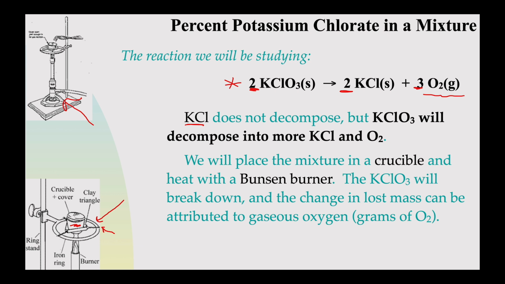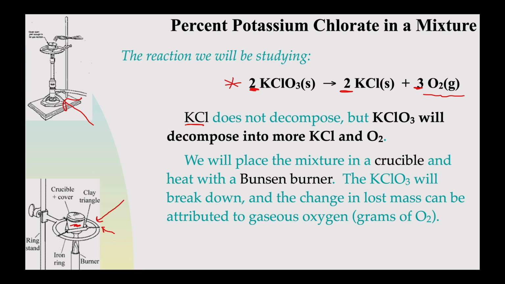As the oxygen gas is released, a lot of the mass is going to go away. Oxygen, like all gases, goes into the atmosphere, all right? And this only happens when you add a lot of heat to it. So as we break this down, it's the potassium chlorate which reacts. The potassium chloride just sits there and doesn't do anything.